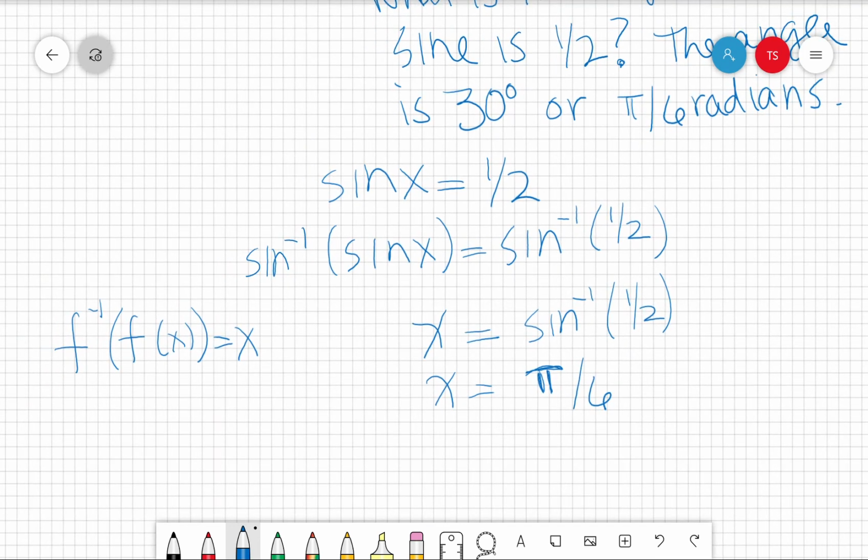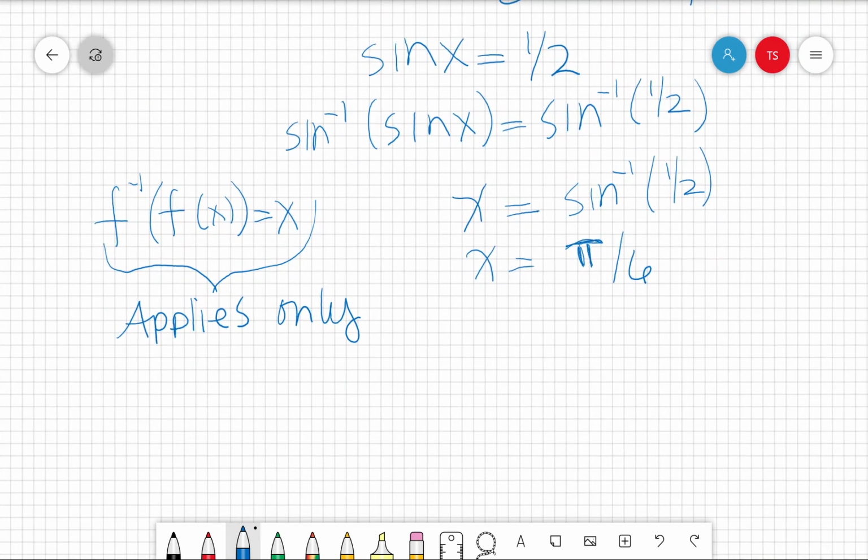And so this relationship here between a function and its inverse applies to trig, but only when we're within the correct domain and range. So let me write that.